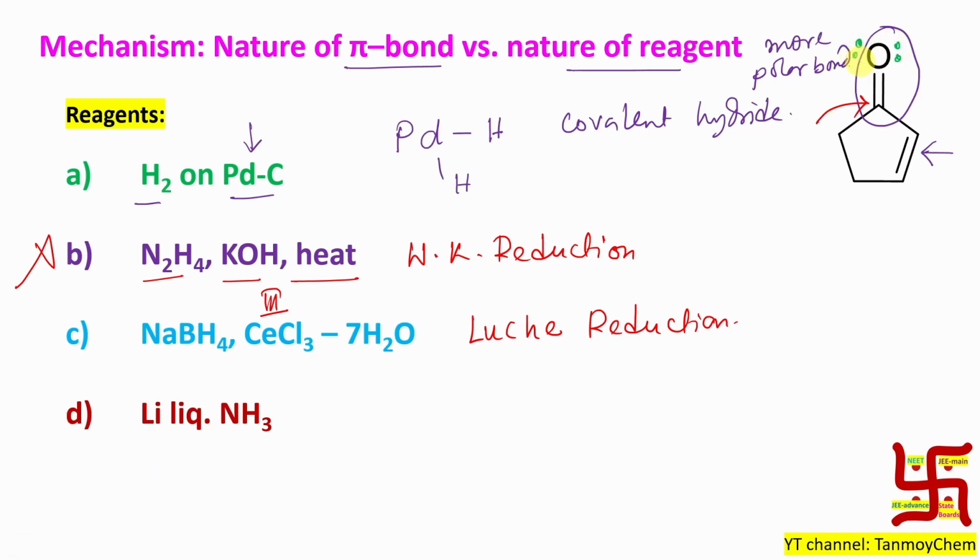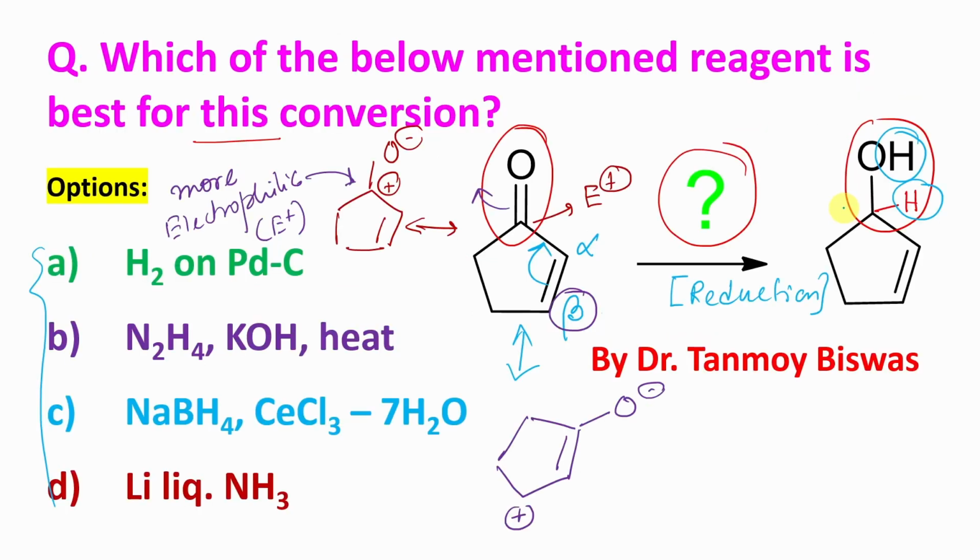Remember, lanthanides are very strong Lewis acids because of the lanthanide contraction, since the f shell has very low screening capability, so the outermost electrons are strongly attracted by the nucleus. So it coordinates, and after that the borohydride transfers its hydride selectively at this position, resulting in this alcohol. So this is actually, students, the best option for this.